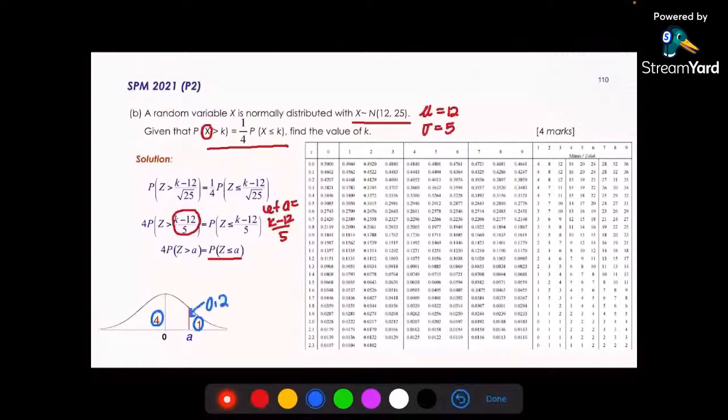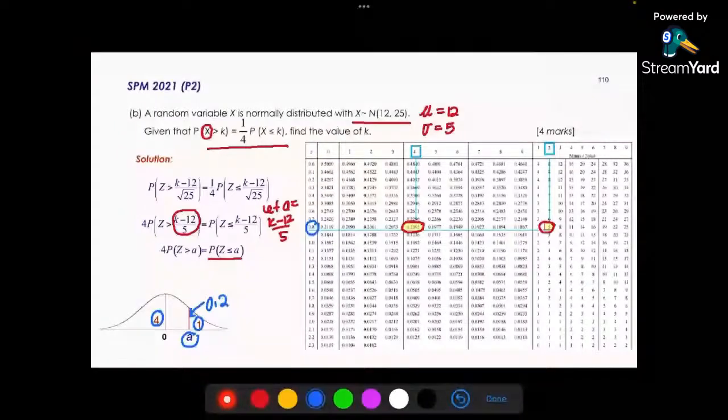So kita nak cari what is the tail value, the z-score here. Apa yang kita buat, kita tengok dekat table ni. We can see that 0.2, we can find it here, but then we have to minus 0.5. So the z-score will be 0.842.